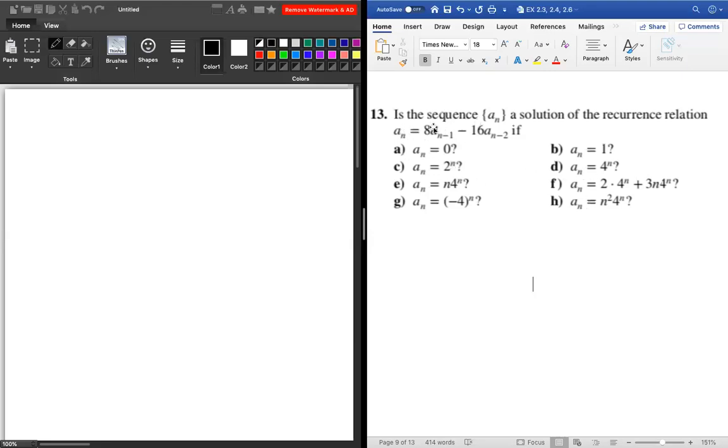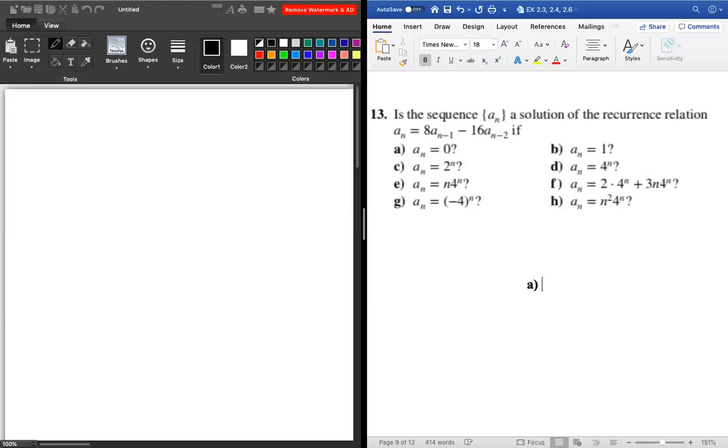Does the solution exist for this sequence, which is defined by this relationship here? When a_n equals 0, we just put this value in over here, and then we will see that there is actually a solution existing for this expression.